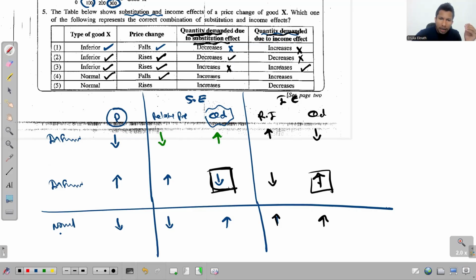And then the quantity demanded due to substitution effect should increase, and it says yes, it increases. And quantity demanded due to income effect should also increase, and it says that. So in this fourth option, all the four columns are 100% correct. So this is the answer for this question 5.